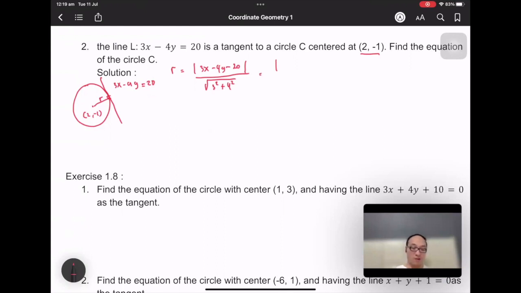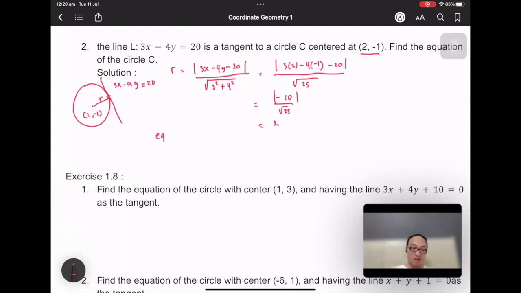So we replace the coordinates. So 3 times 2 minus 4 times -1 minus 20 over square root of 25. So 6 plus 4, so it's -10. Absolute, so it's 2.